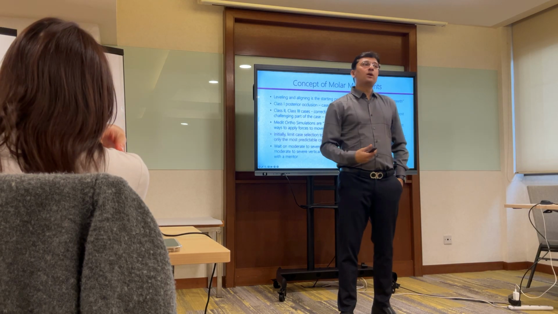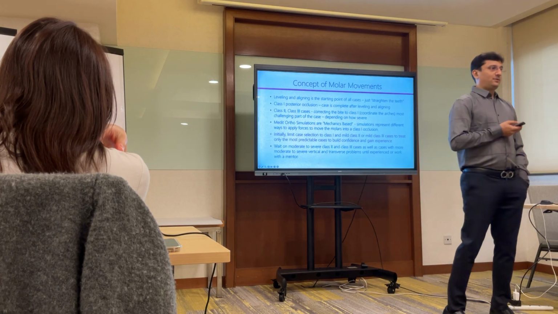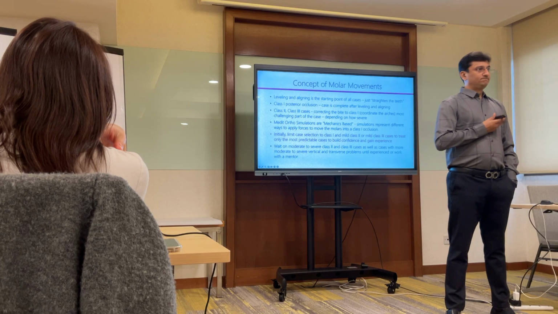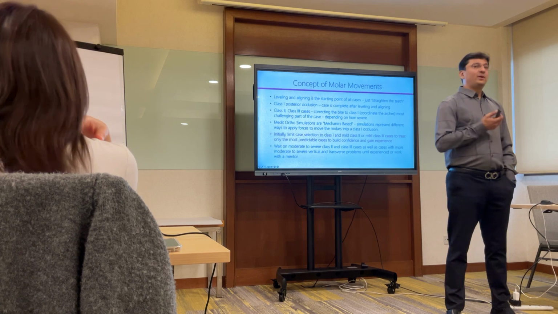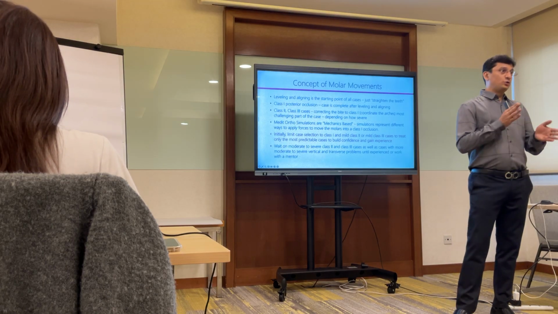So can you tell me at what age would you think about doing this plan? What should be the age of the patient? Anywhere between 12 to 20. Because at 12, the 7s would have erupted, and at 20, 8s would erupt. Isn't it? So you have this window period.